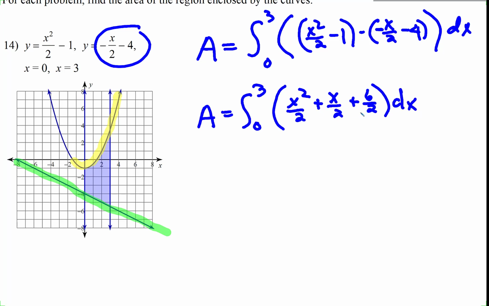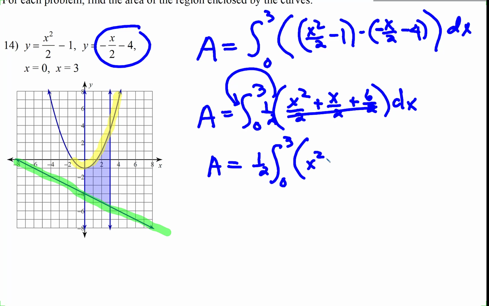Notice they all have this 1/2 in common, so I'm going to bring a 1/2 out. So I'm going to rewrite it now as 1/2 times the integral from 0 to 3 of x squared plus x plus 6 dx.